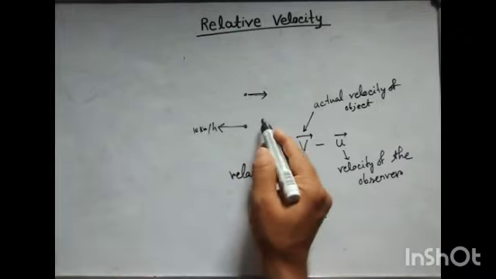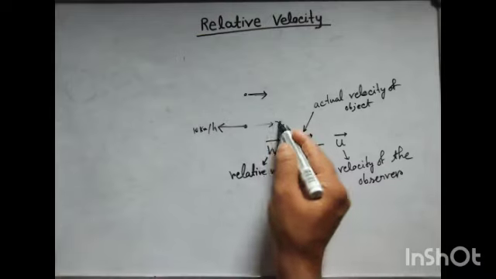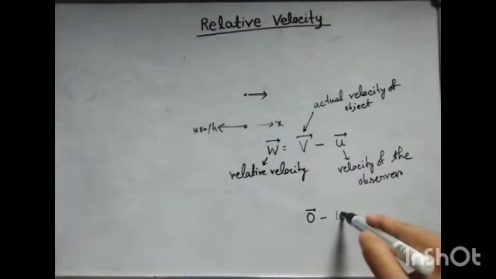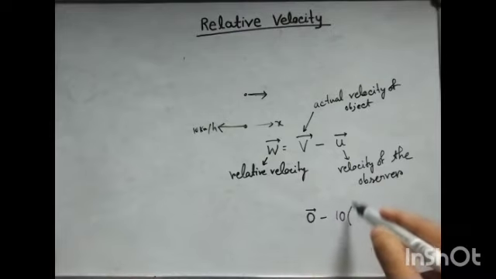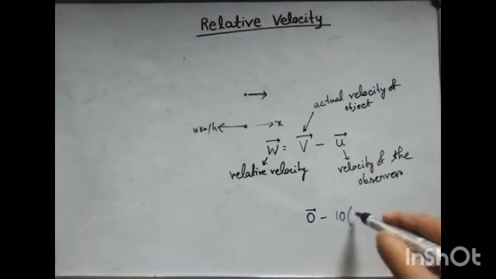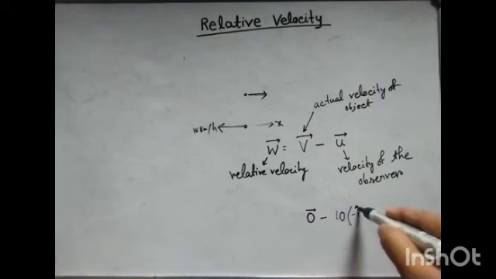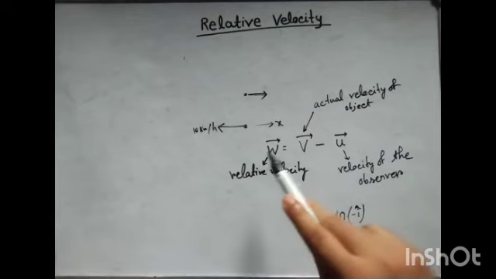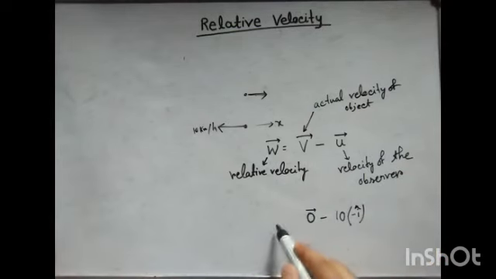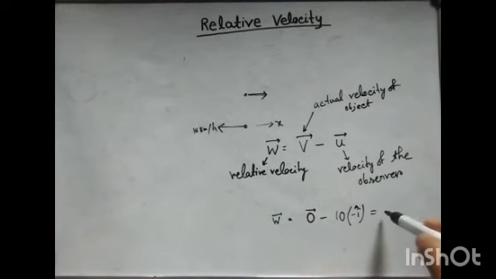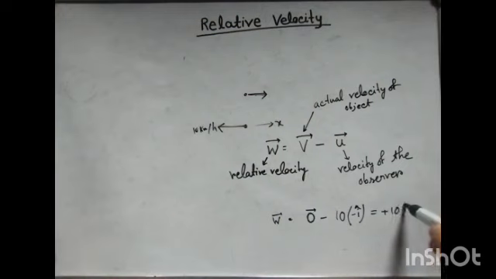Suppose the east is the positive x-axis, so this will be the negative x-axis, so u vector is minus i cap, so u vector will be 10 minus i cap. The direction is minus i cap, so the relative velocity of the tree will be 0 vector minus 10 i cap, so that will be plus 10 i cap.